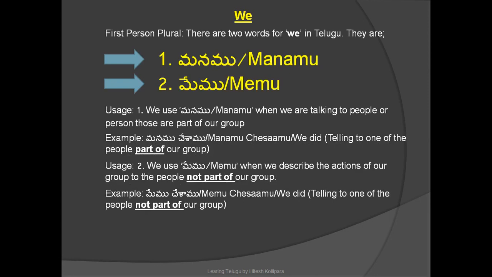We use మేము when telling to one of the persons or people not part of our group. Good. I hope it is clear to you, and if you are not yet clear, I request you to rewind the video and listen again. Listen until you understand. Let's move on.